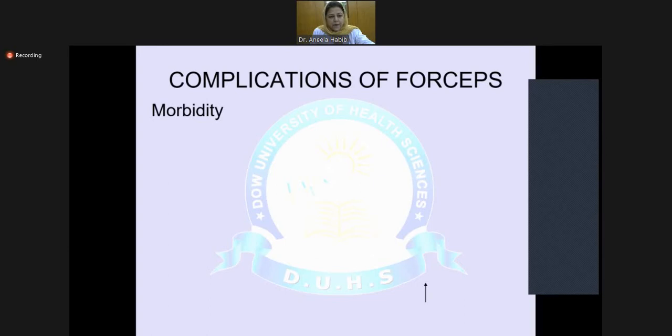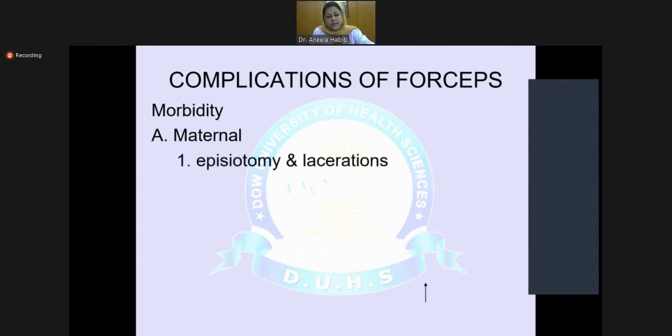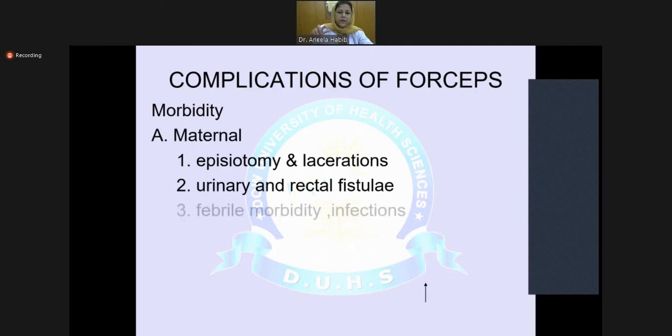But even after that, any instrumental delivery also carries morbidity for the mother and the fetus, which may be maternal or fetal, like an episiotomy or lacerations. Even after giving the episiotomy, lacerations may occur, because these are the two blades which you are applying on the lateral wall, between the lateral vaginal wall and the head of the baby. When you are giving traction and pulling that down, that may cause a laceration in the lateral vaginal walls.